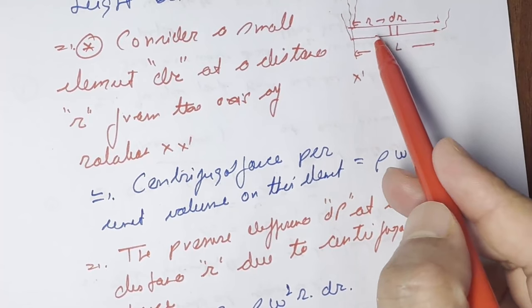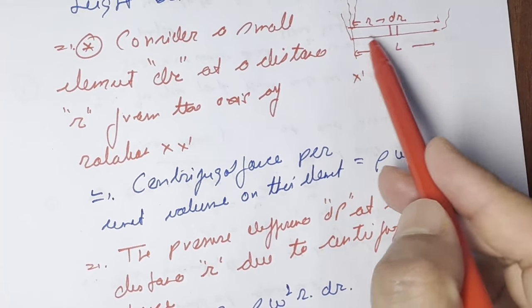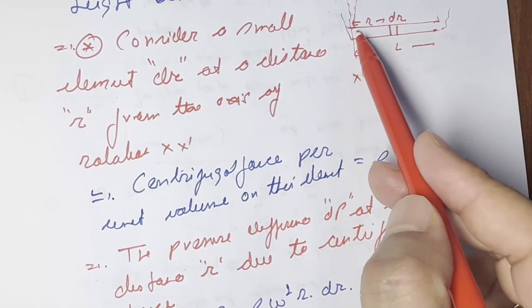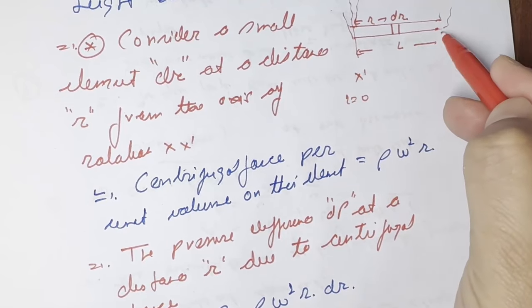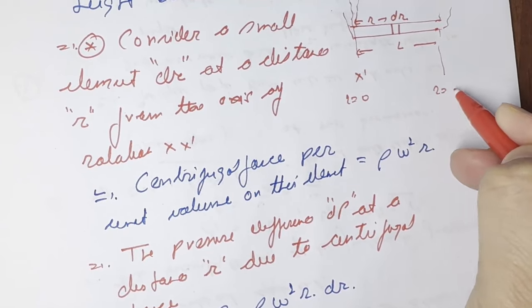We can find out now by integrating the pressure difference for the complete length L, starting from r is equal to 0. This point will be our r is equal to 0, and this will be equal to r is equal to capital L.